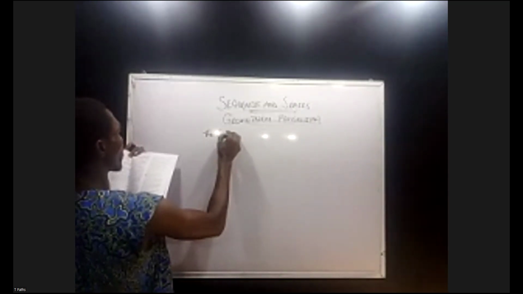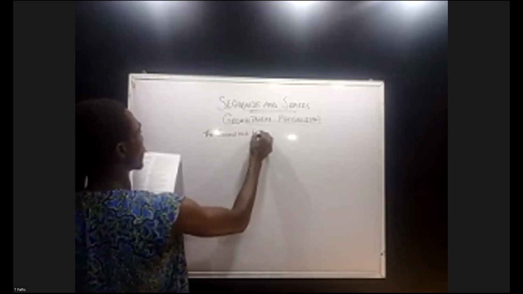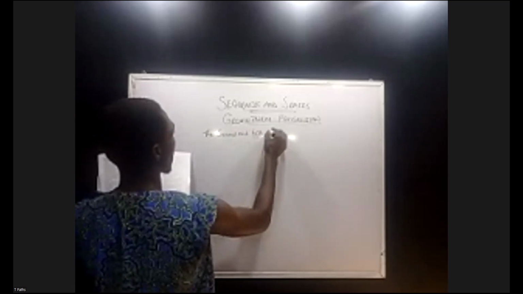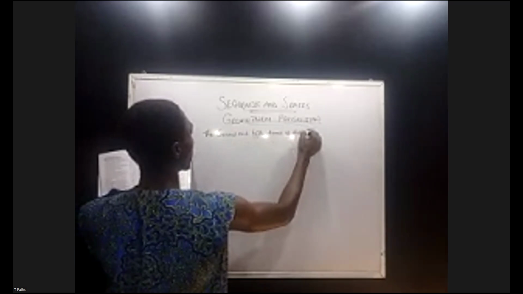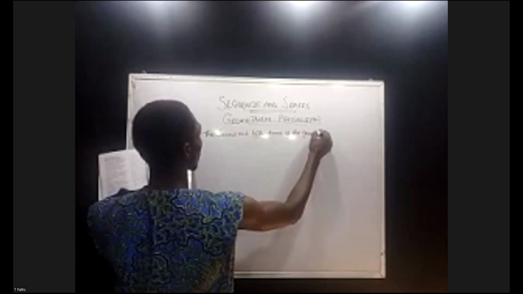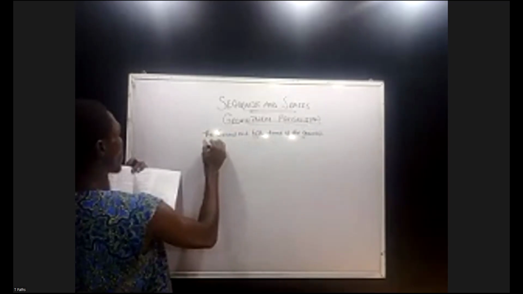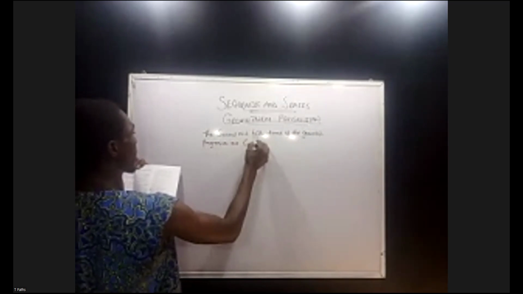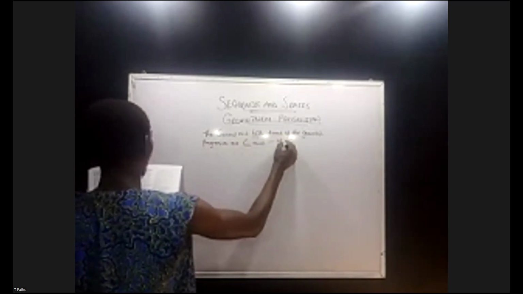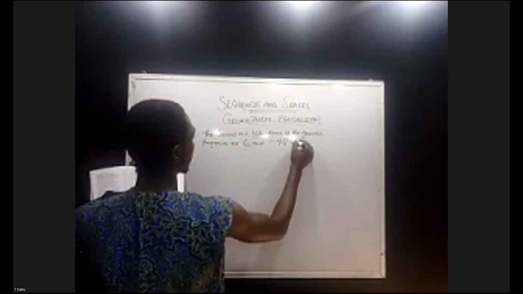The second and fifth terms of the geometric progression are 6 and minus 48, respectively.